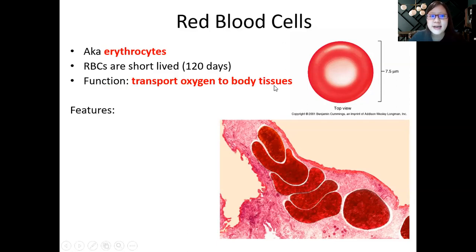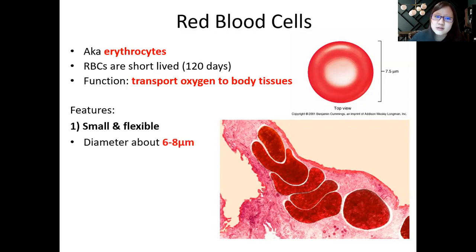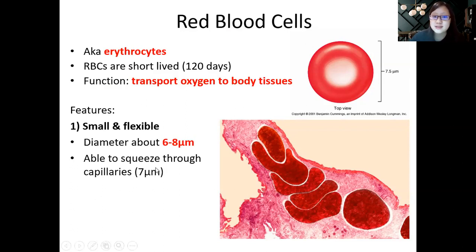And how are they adapted to that? Remember, one of the favorite questions for CIE is how is its structure related to its function? So here is how. Number one, it's small and flexible. Diameter is around 6 to 8 micrometers, and you do need to memorize this. This enables them to squeeze through the capillaries, which are 7 micrometers.